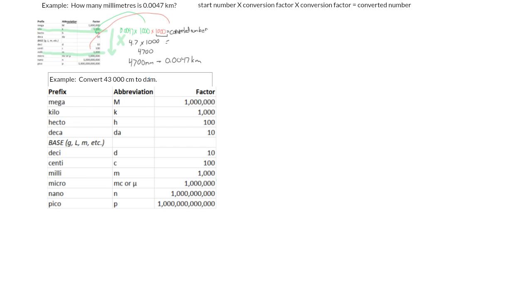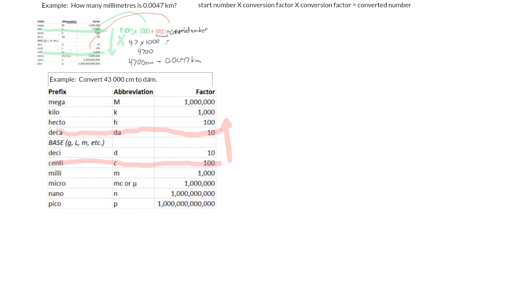Now we're going to look at another example. Convert 43,000 centimeters to decameters. As always, we bring in our conversion chart, and I'm concerned with centimeters and decameters. Now this time, I'm starting at centimeters and I'm going to decameters. So we're going up.